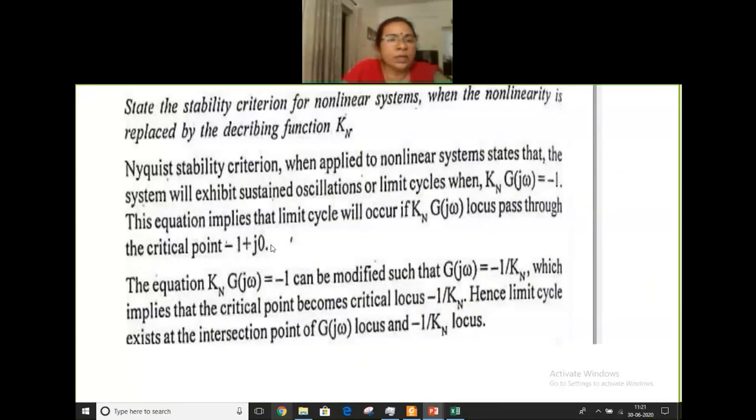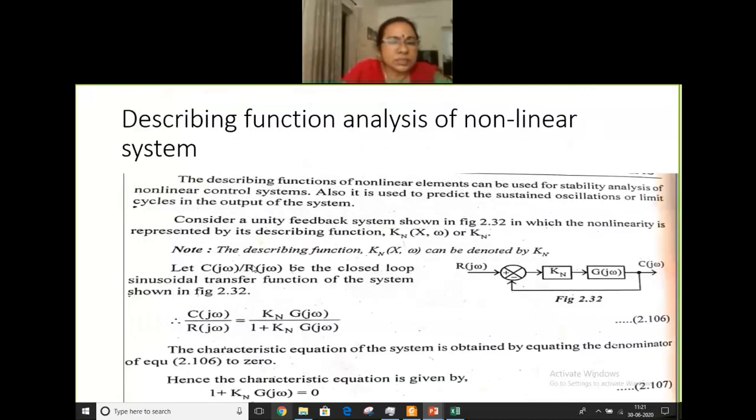The equation Kn G(j omega) is equal to minus 1 can be modified such that G(j omega) is equal to minus 1 by Kn. How did you get this equation? It is nothing but the characteristic equation, 1 plus Kn G(j omega) is equal to 0. When you move Kn G(j omega), it becomes minus 1.